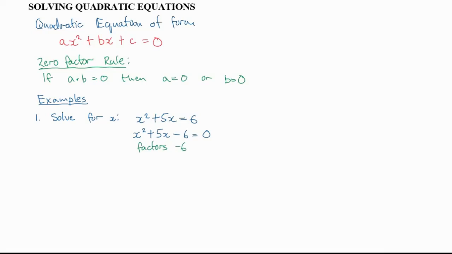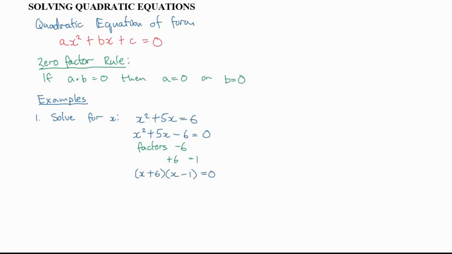I'm thinking 6 and 1, and because the middle term is positive, the bigger number, which is 6, is positive and the 1 is negative. So this is going to be x plus 6 factors with x minus 1, and this is equal to 0.